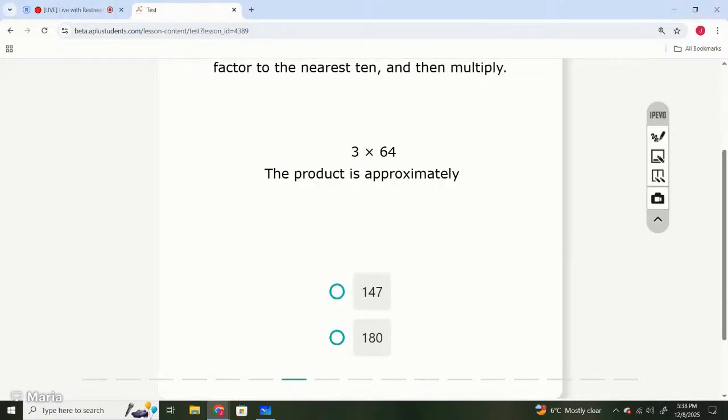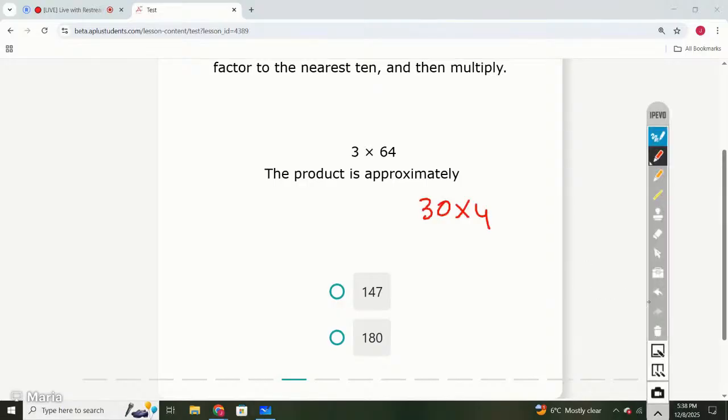3 times 64, which is the correct option? 64 times 3. So 64 is rounded to 60.